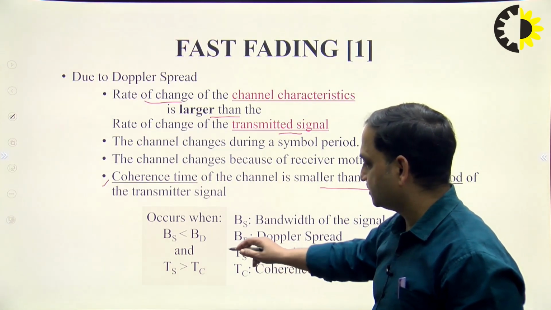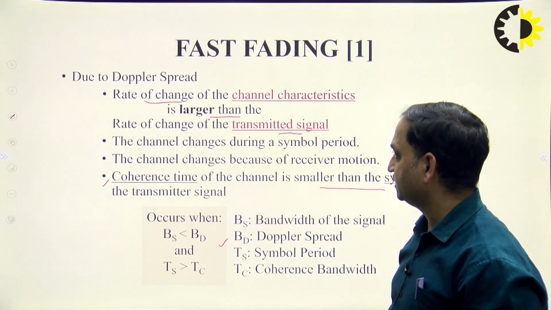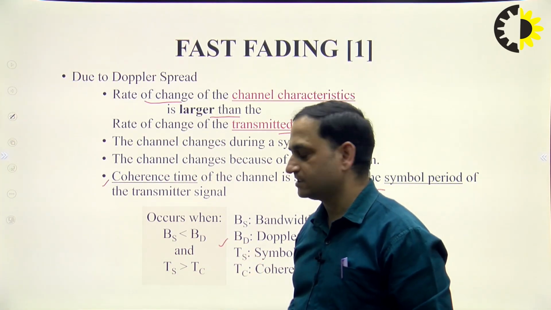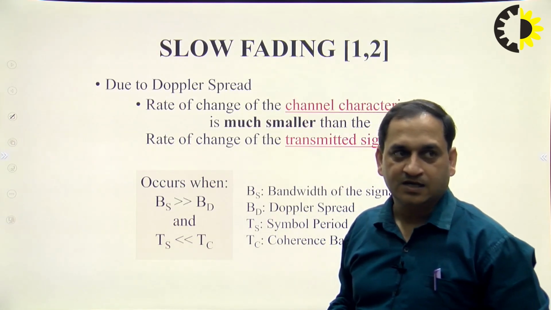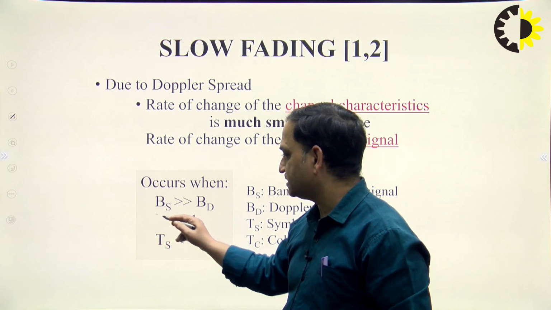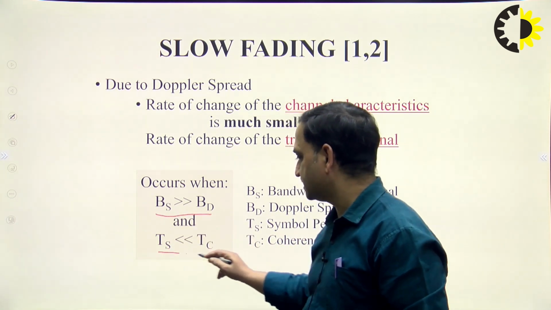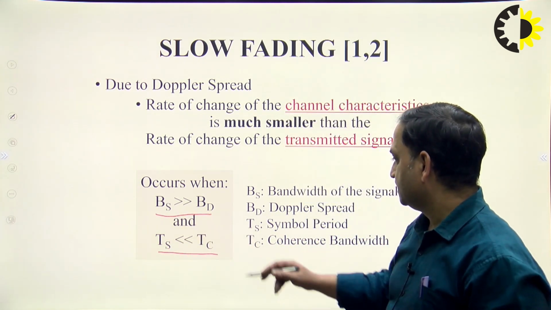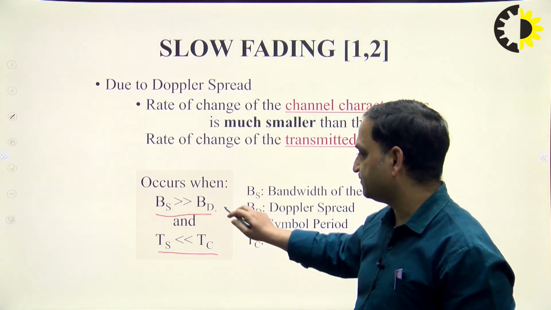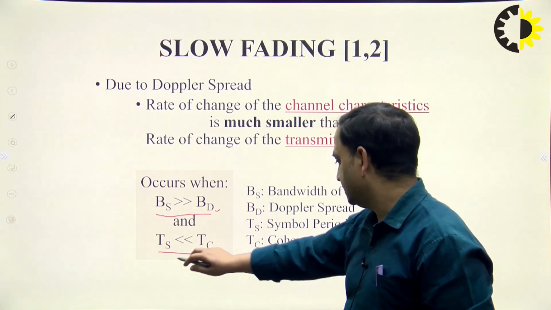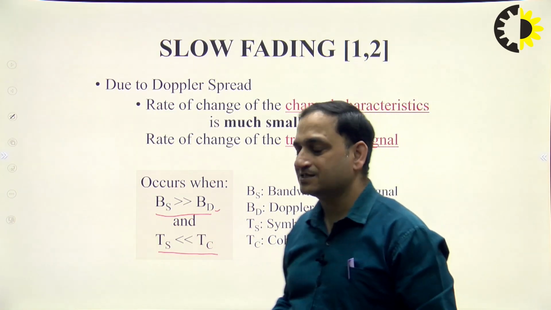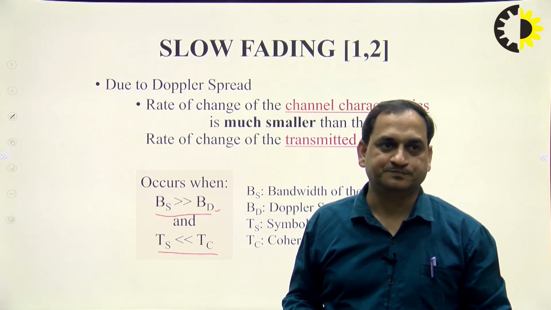So these two conditions occur for the Doppler spread in fast fading: Bs is less than BD and Ts is greater than Tc. Slow fading is the opposite of the fast fading case: Bs is greater than BD and Ts is less than Tc. Or you can say the signal bandwidth is greater than the Doppler spread, and the symbol period is less than the coherence time of the signal.